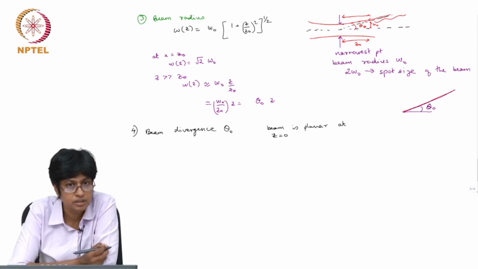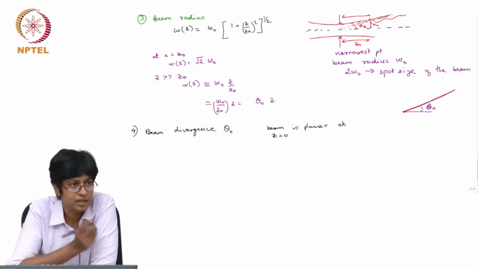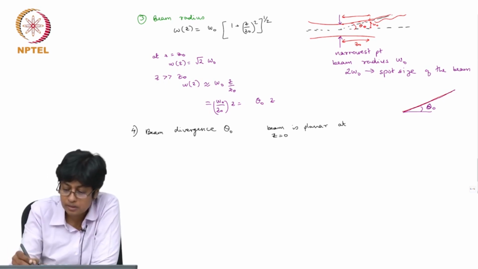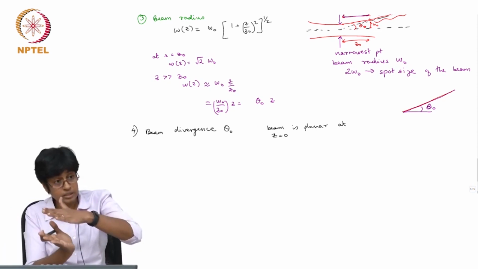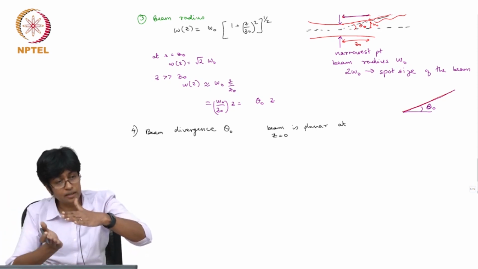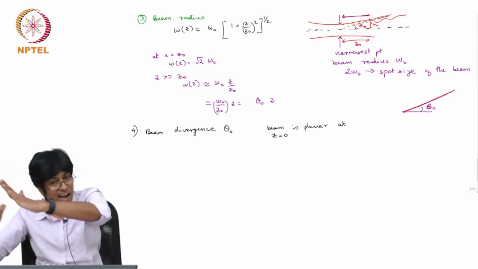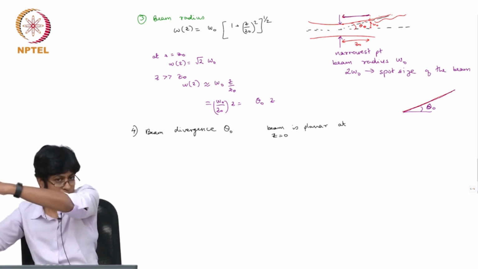If the divergence was constant, I could draw a straight line along the outer edge of the beam and define an angle theta naught. I can't do that with the Gaussian beam. Why? Because in this region, the difference between the straight line and the outer edge of the beam keeps changing. It's after a point that it becomes constant.